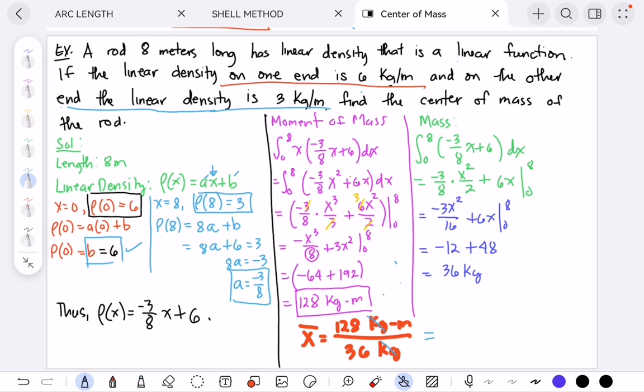Both are divisible by 4. So 128 divided by 4 is 32, and 36 divided by 4 is 9. So the center of mass is at 32 over 9 meters.